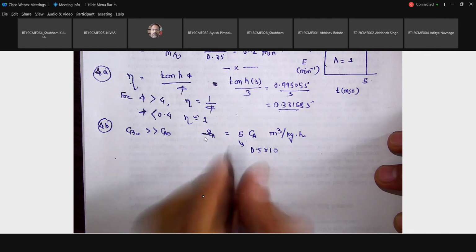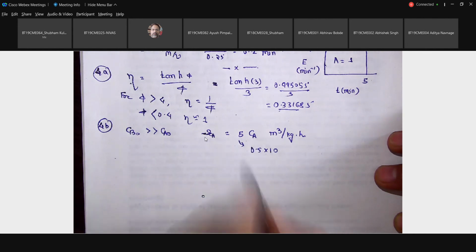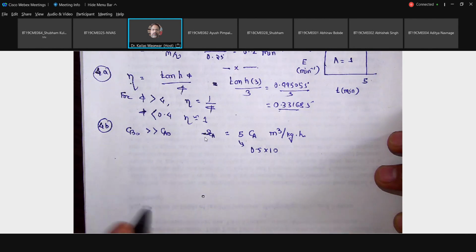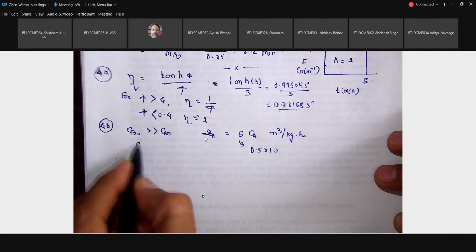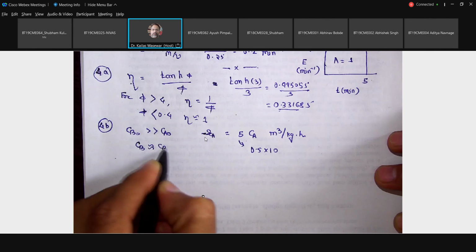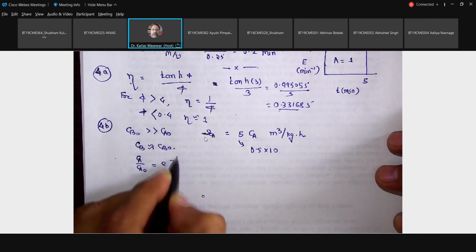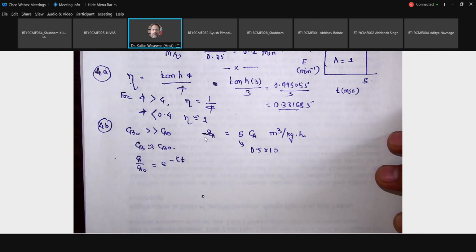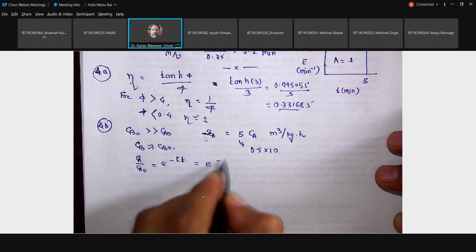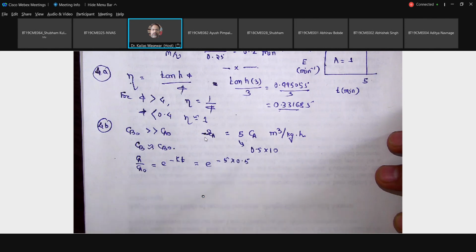So because CB0, this we have taken. That means CB is CB0. Now, for using the first order reaction, CA upon CA0 will be e to the power minus kT. So exponential of 5 into 0.5.